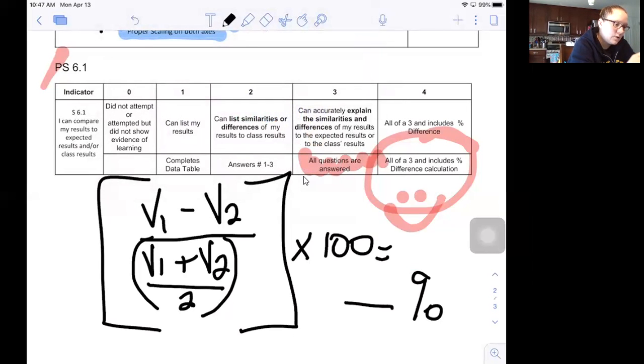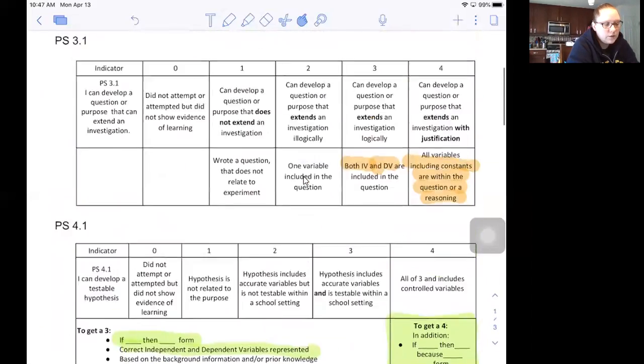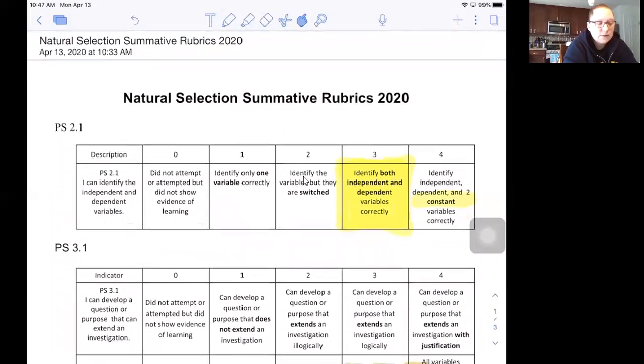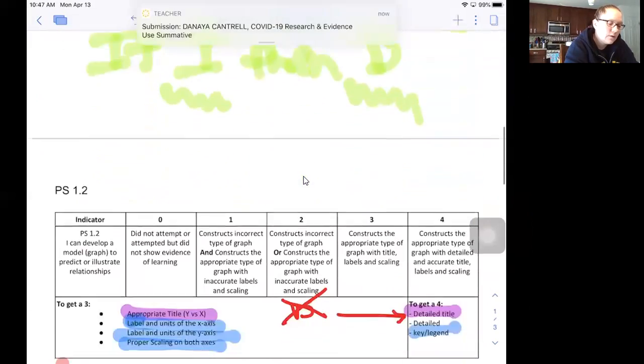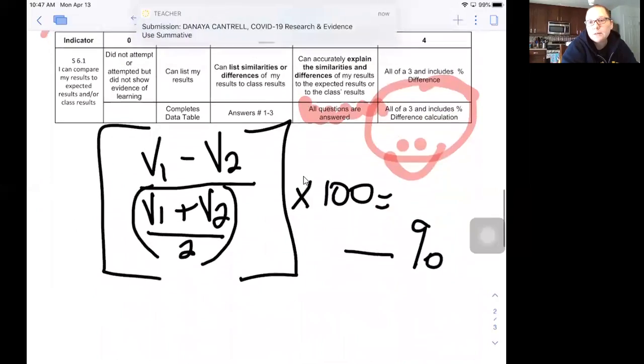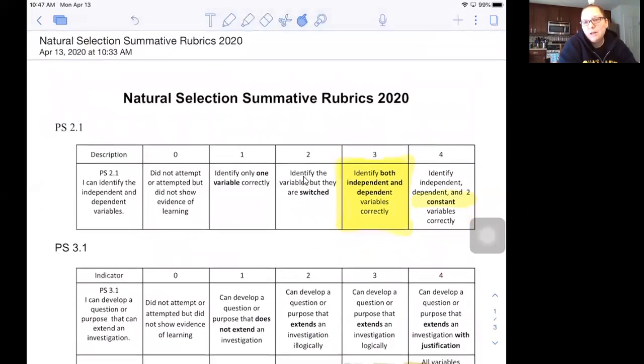So that's it. Those are the 5 things that you are going to see on your next test. So variables, question, hypothesis, graphing, and analysis, okay? That's it, and it's all going to be about natural selection.